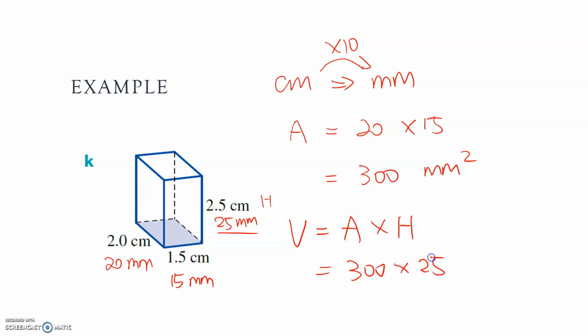Which will give us, I'm going to be your calculator again, 7,500 millimeters. What do I write here? Cubed. So that's a little 3 on top. Okay, so that is the volume of this rectangular prism, which is this little shape on the left hand side.